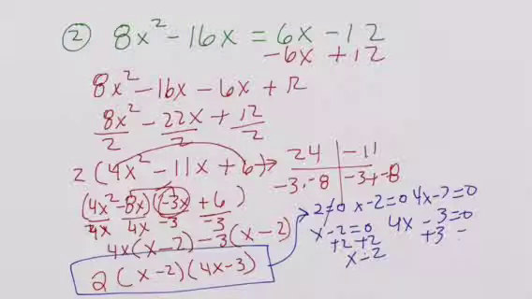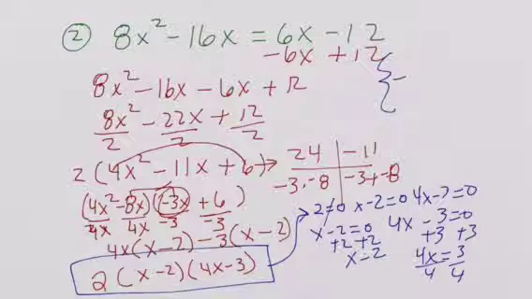Zero pair out the 3. 4x equals 3, divide by 4, divide by 4. So my roots are going to be 2 and 3/4. So we don't need that positive there.